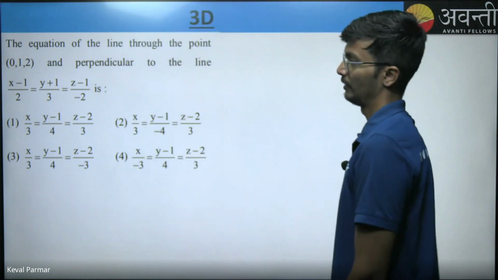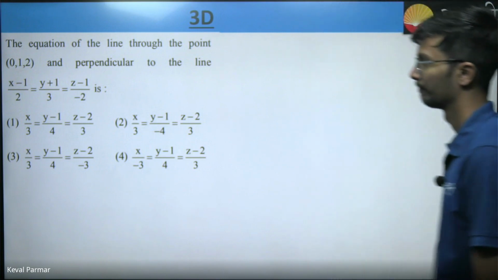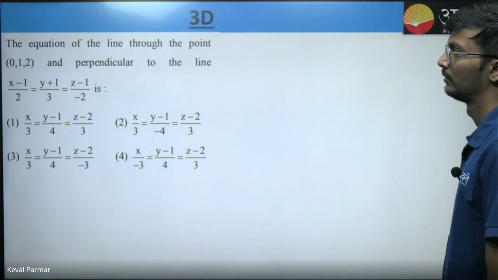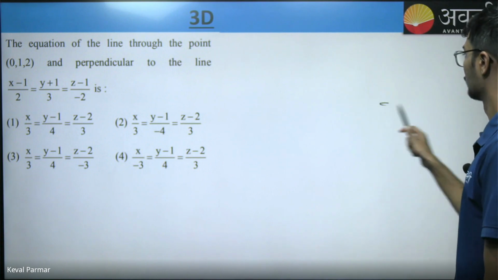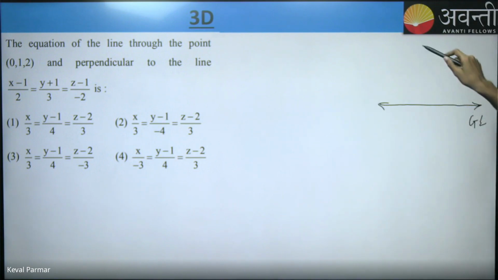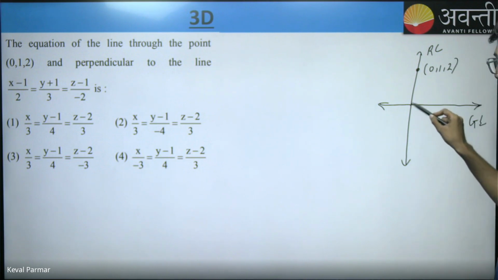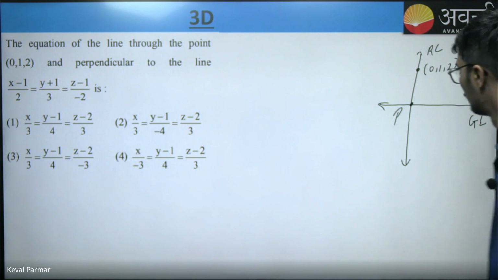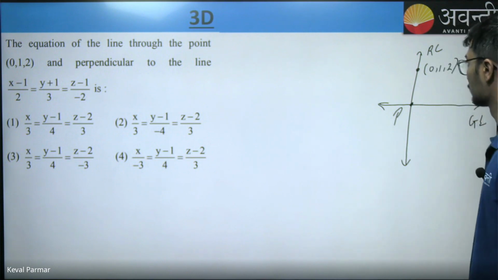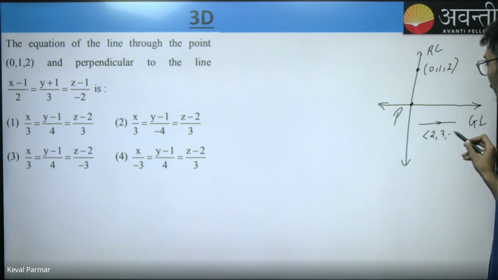The next one is the equation of the line through the point and perpendicular to the line. So this is the given line. This is the required line. It passes through point 0, 1, 2. Let this point be P, and these are 2, 3, minus 2.